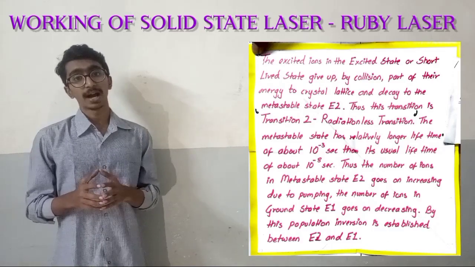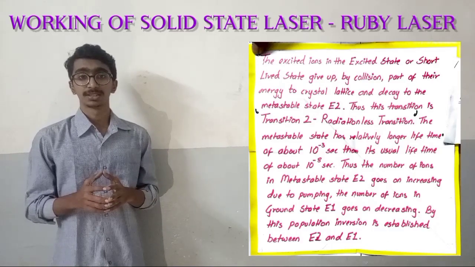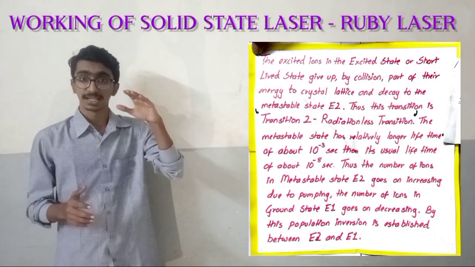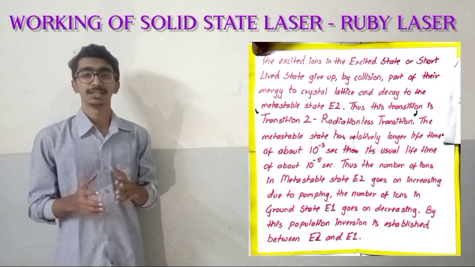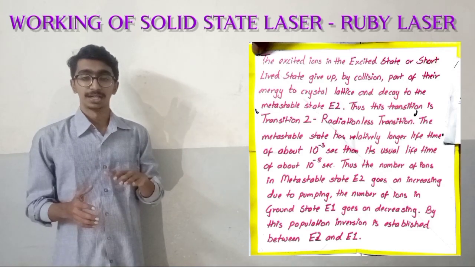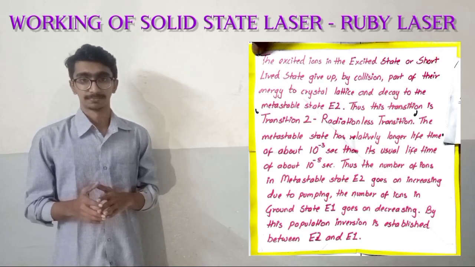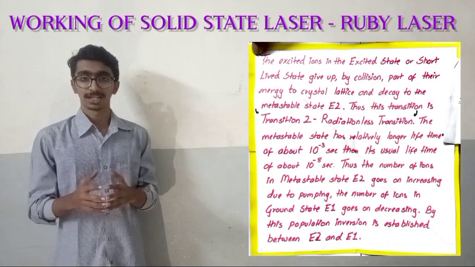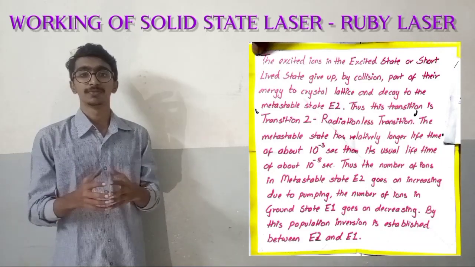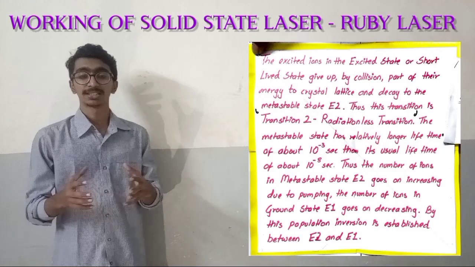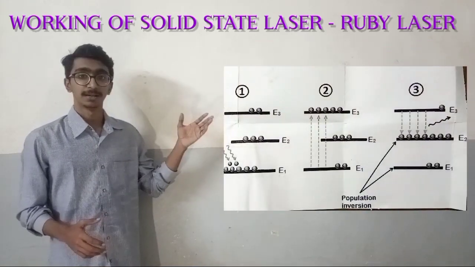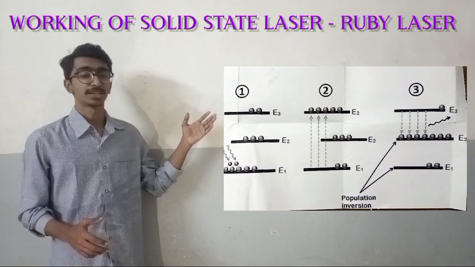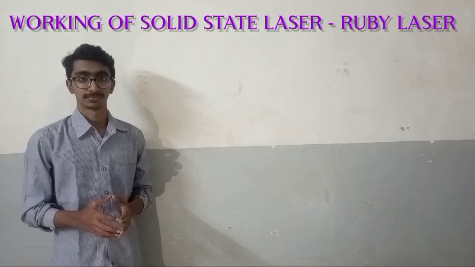Thus, the number of ions in the metastable state goes on increasing due to pumping, and the number of ions in the lower energy state goes on decreasing. This process of population inversion is established between E2 and E1. Here is a better diagram to understand population inversion.